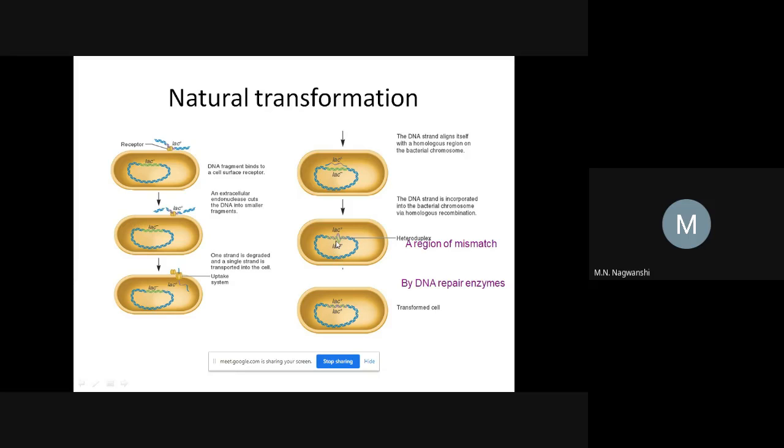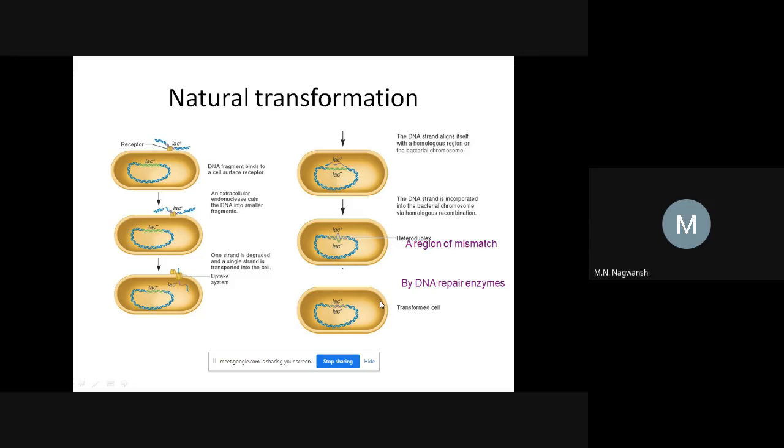Some region of the foreign DNA is mismatched with the bacterial chromosome. What you see here is that some part is mismatched. Therefore, there is no nucleotide matching and no formation of bonds between the nucleotides.